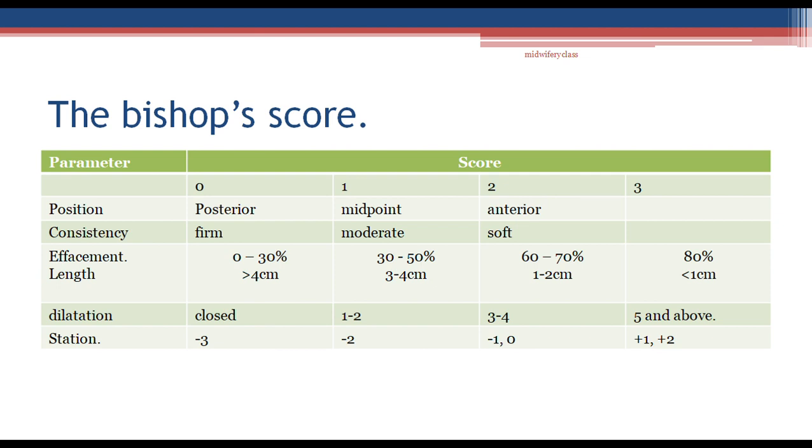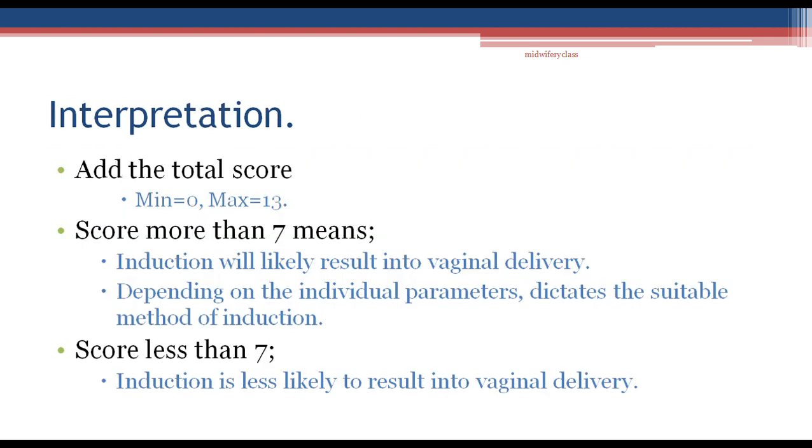So after getting all this score, depending on what you have found upon assessment, how do you interpret your results? You will add up all this score, the total score. The minimum score you can get is 0, while the maximum score you can get is 13.